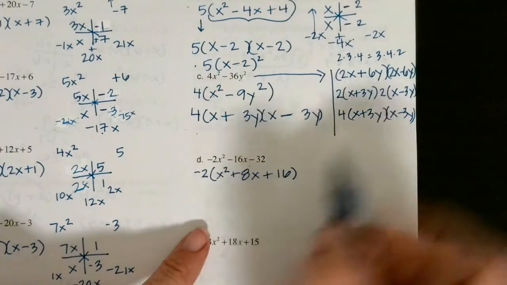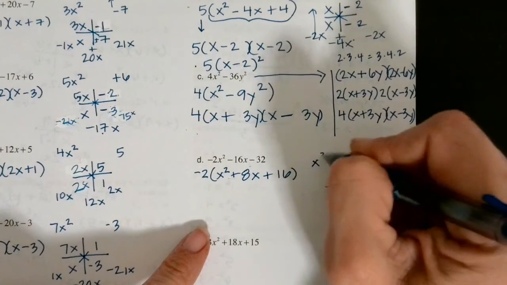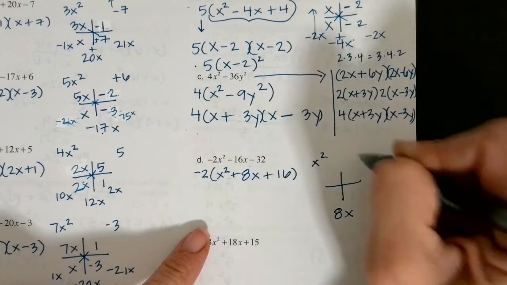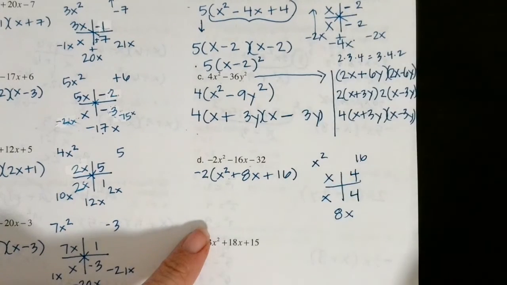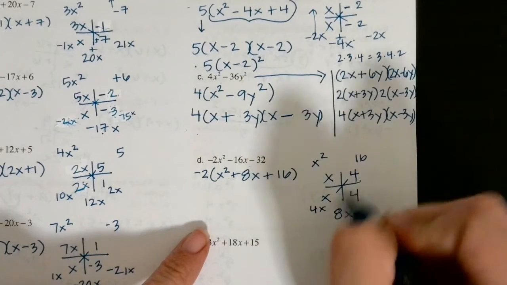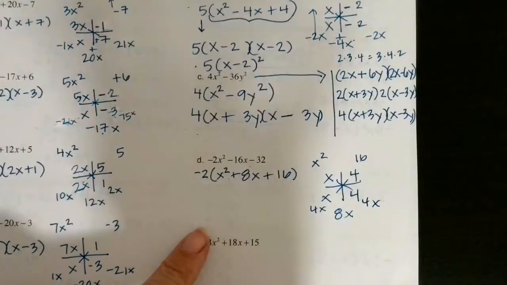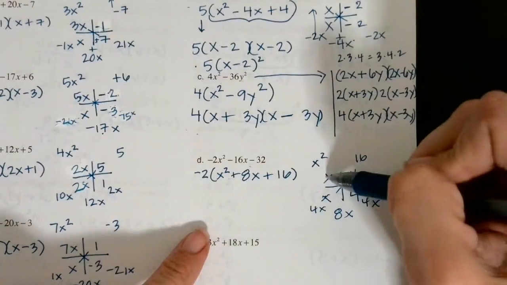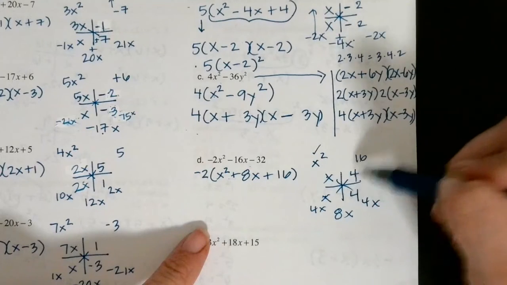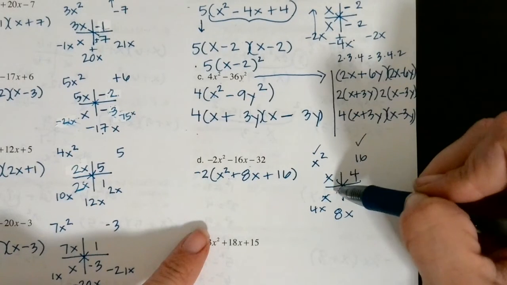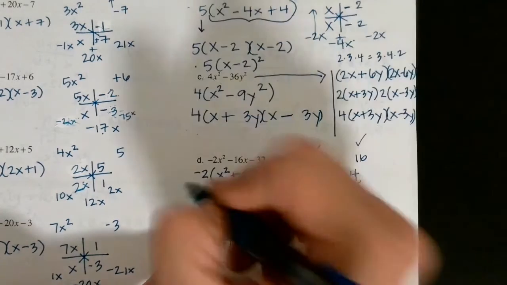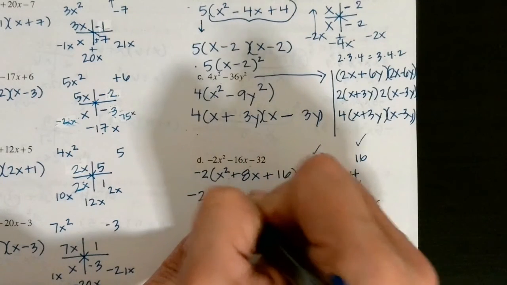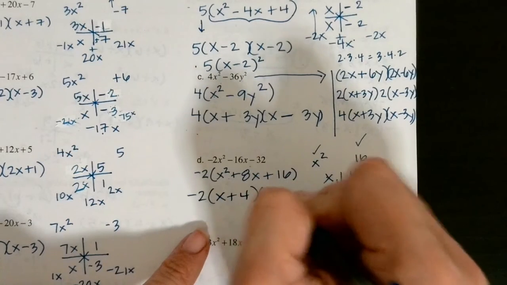So then I'm going to take this, I'm going to t-chart it over here, right? Double check 4x and 4x. So I'm going to do my math real quick. X times x is x squared. 4 times 4 is 16. Cross, multiply, and add gives me 8x. Okay? So negative 2 times x plus 4 times x plus 4.